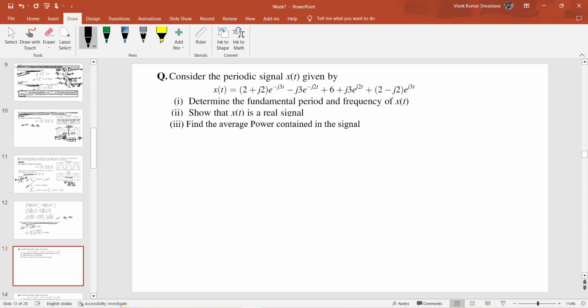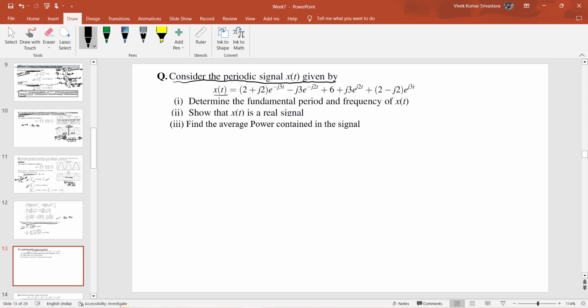So now moving ahead, here is the next problem. The problem states: consider a periodic signal x of t given by x of t equals 2 plus j2 e raised to the power minus j3t, minus j3 e raised to the power minus j2t, plus 6 plus j3 e raised to the power j2t, plus 2 minus j2 e raised to the power j3t.